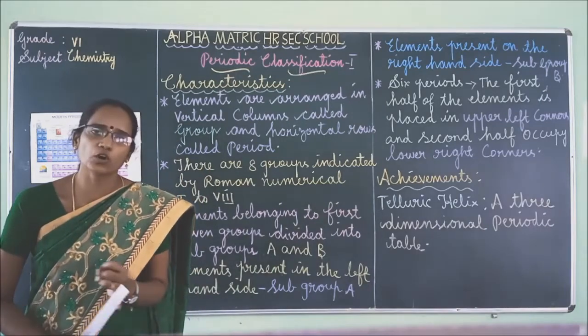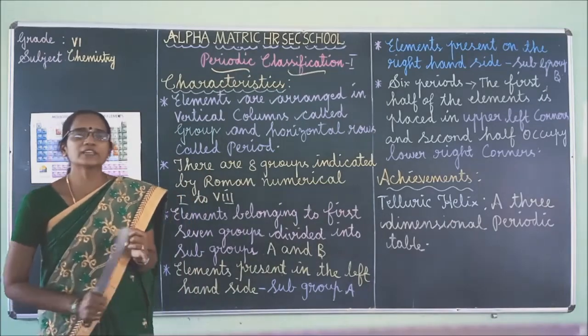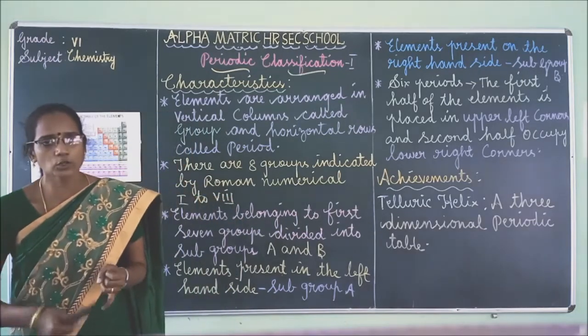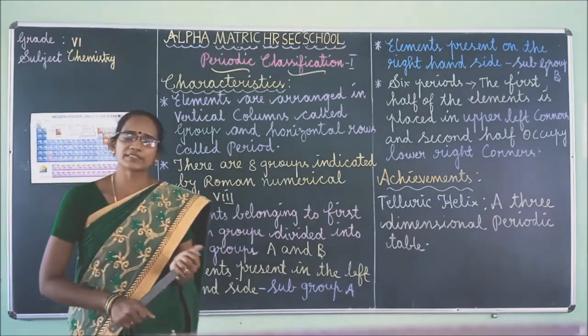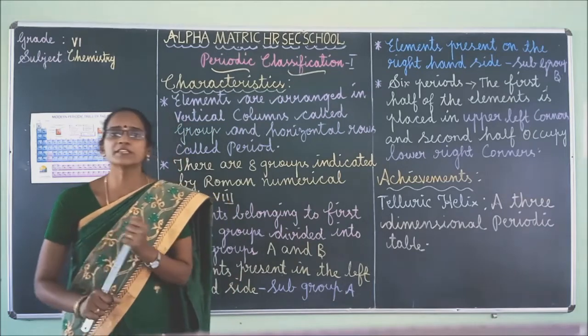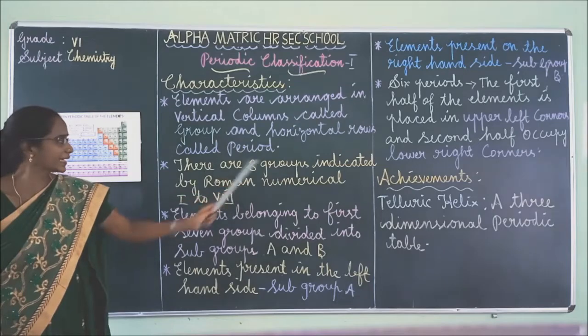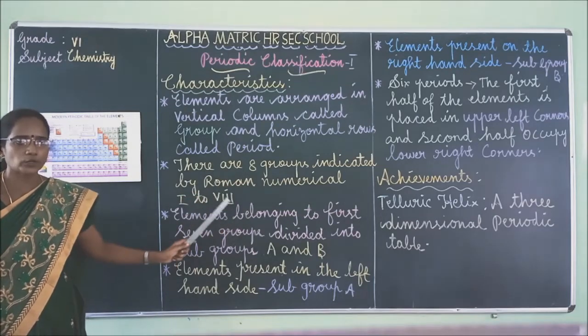First of all, we should know how the elements are arranged into periods and groups. What are called periods? What are called groups? How many periods are present in the periodic table? How many groups are present in the periodic table? And there are 8 groups indicated by Roman numerals 1 to 8.